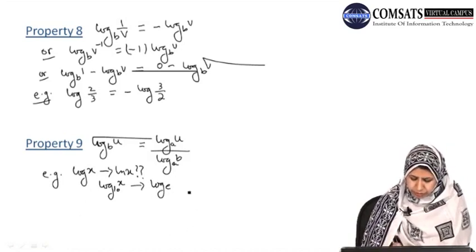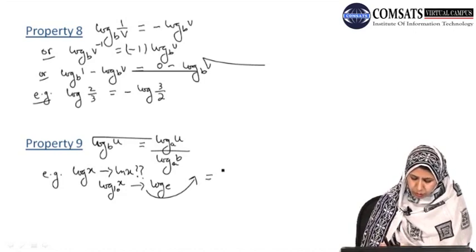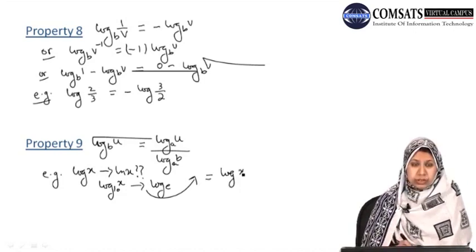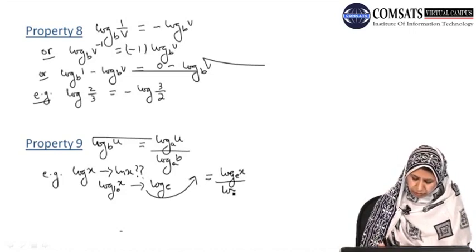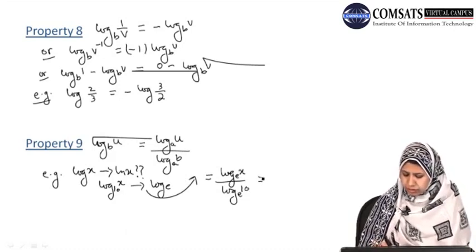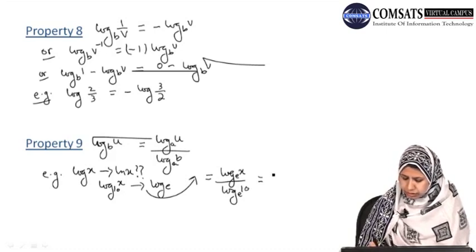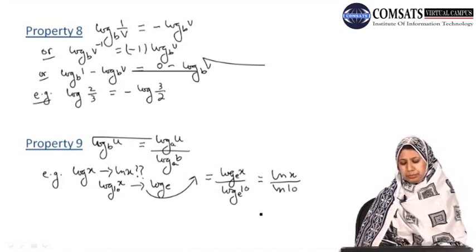How will we write it? We will use our rule, that is log of x to the new base e divided by log of the base, which is 10, to the new base e, and simplifying we obtain in the numerator natural log of x divided by natural log of 10.